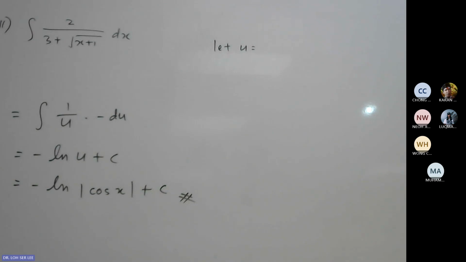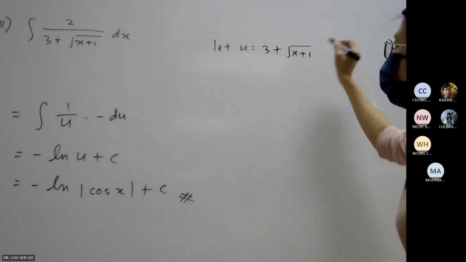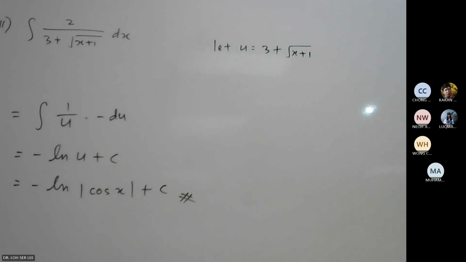Okay, number 11, we let the u be the denominator function. If you move the 3 to the left, then we square both sides, and we will find the same differentiation.